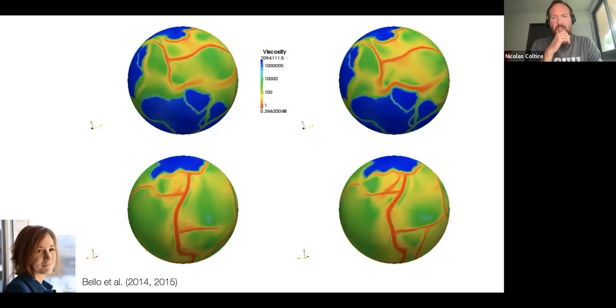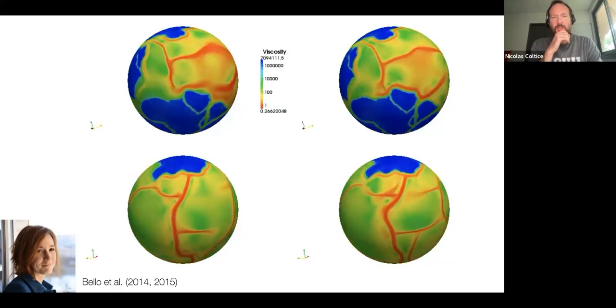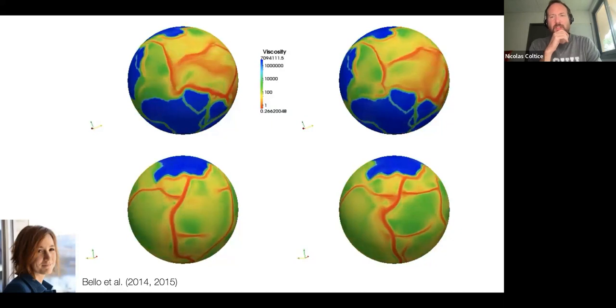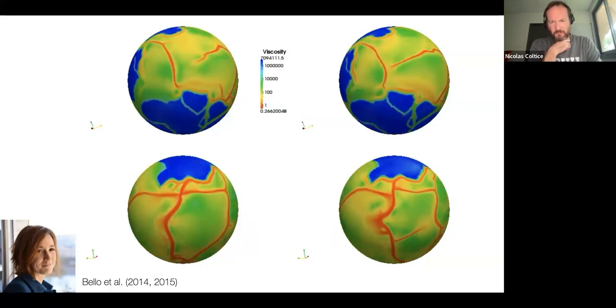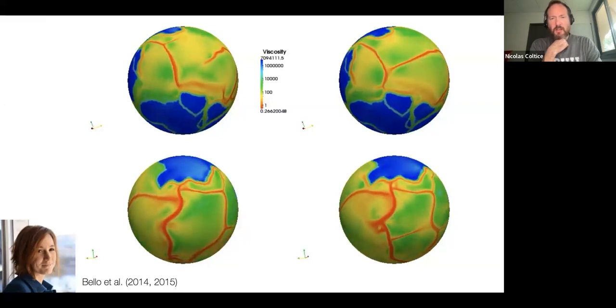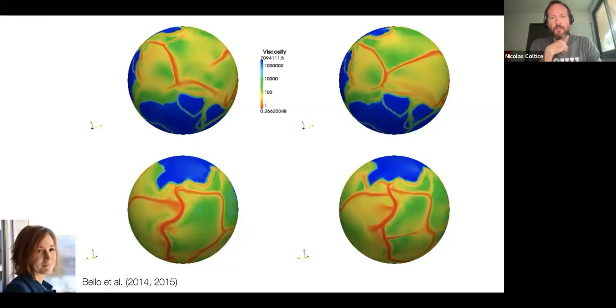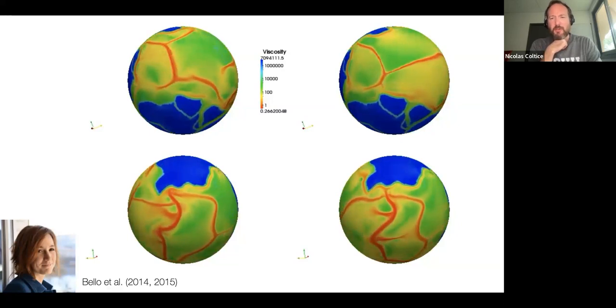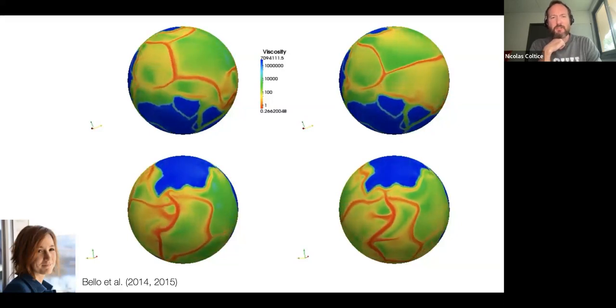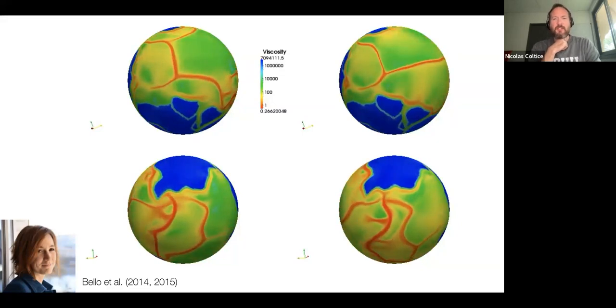And so you see, as time goes on, you have differences that start to express. For instance, now the continents are close to each other, but the oceanic plates start to differ. The plate boundaries are not similar.